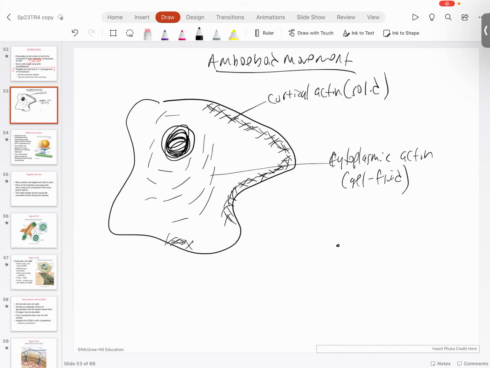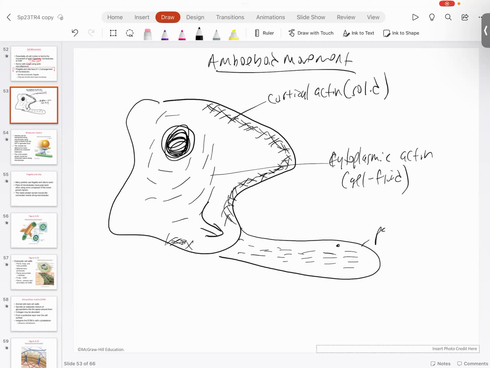And then it contracts, it kind of squeezes like you're squeezing a balloon to make it bulge. And when it squeezes, it forces the fluid against that open membrane, and it basically puckers that membrane out like that. And inside is all that fluid flowing actin that's pushing that little piece of membrane out. Just like if you were to squeeze a balloon and you cause it to bulge, right? That air is going to be pushing against the balloon and making it bulge.